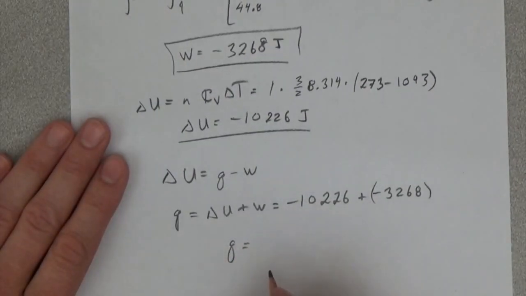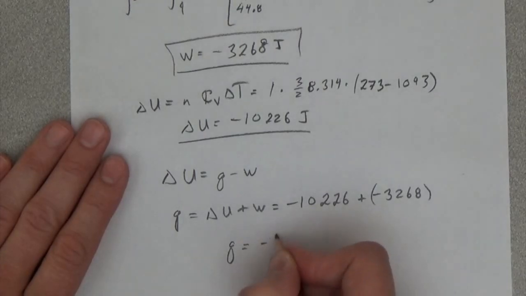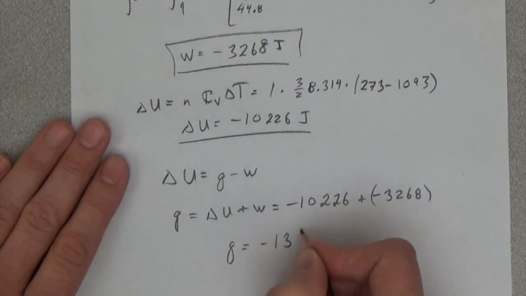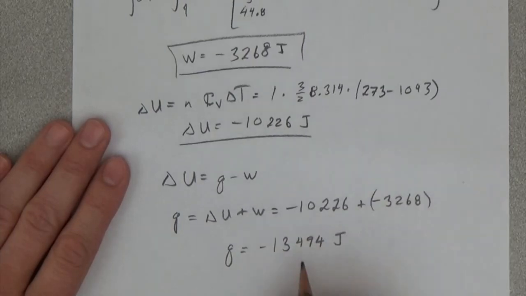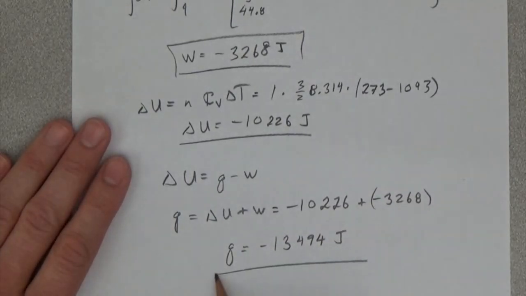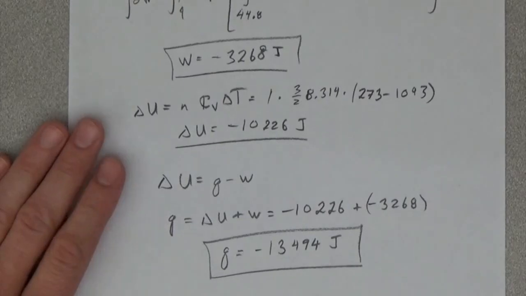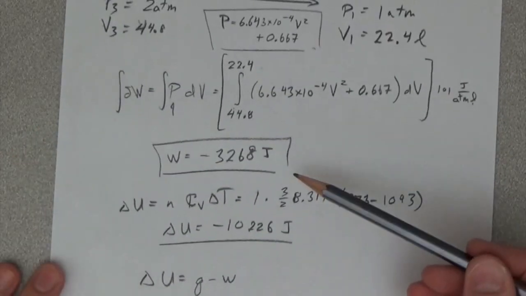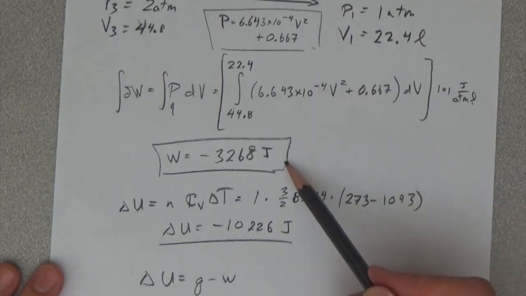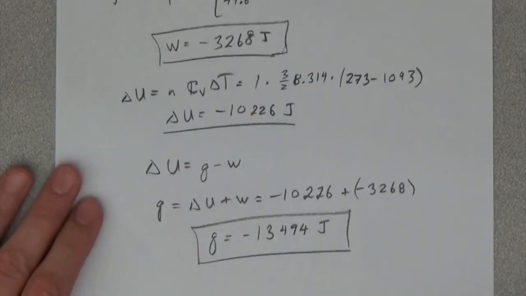Q is equal to minus 13,494 joules. And that's the change in the work done and the change in heat.